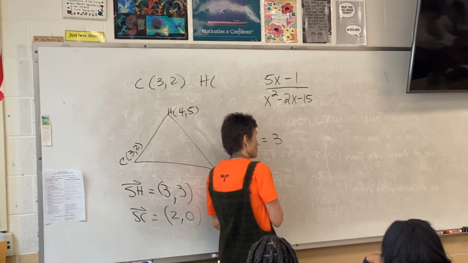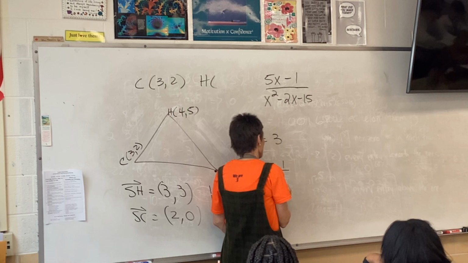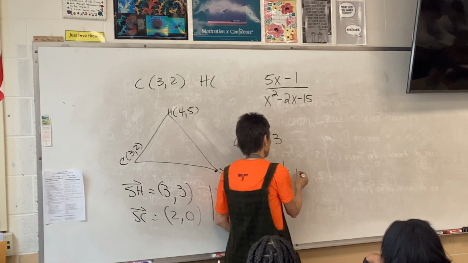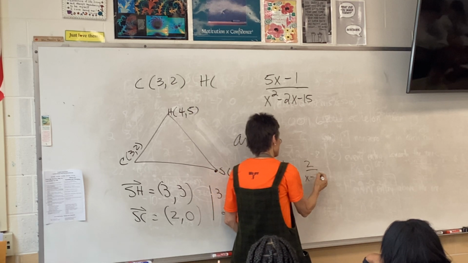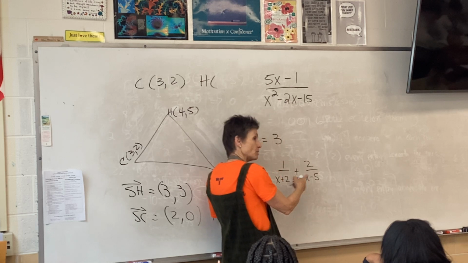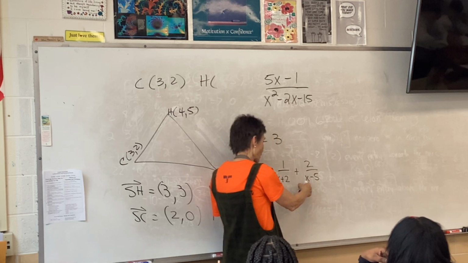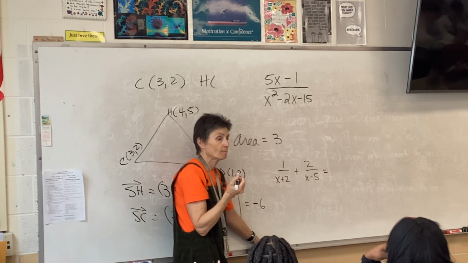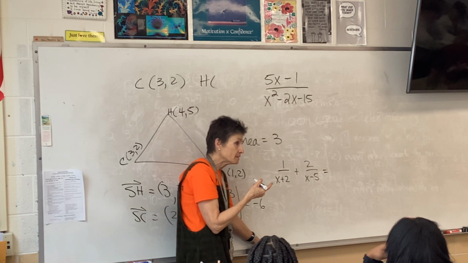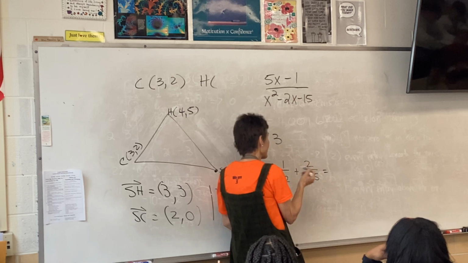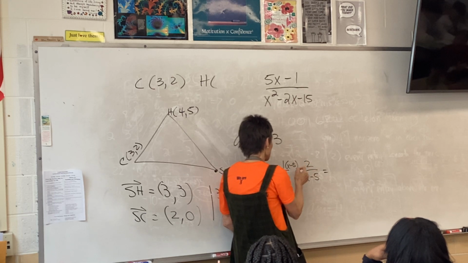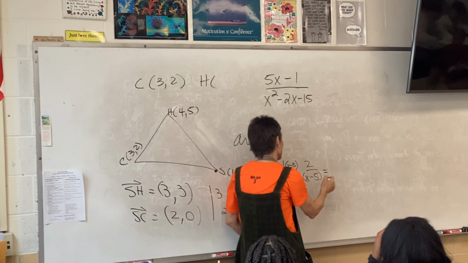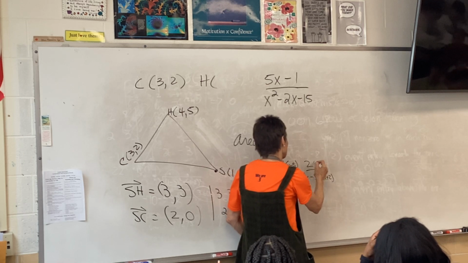If I ask you to add 1 over x plus 2 and 2 over x minus 5, if I said let's add those together, these little fractions, what would you have to do to make that happen? You'd have to have a common denominator. So, again, don't write this down, just watch so you can see where we're headed here, because we're actually going to be doing this in the opposite direction.